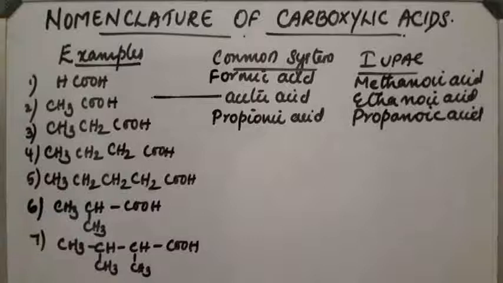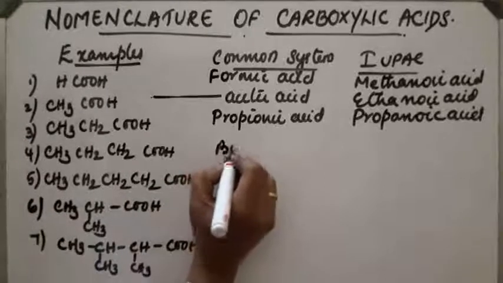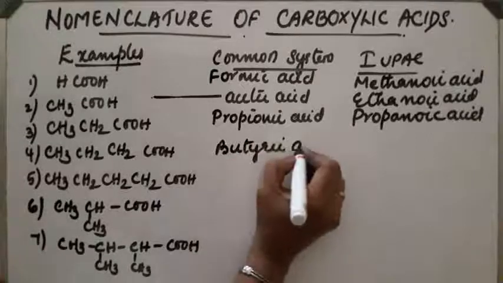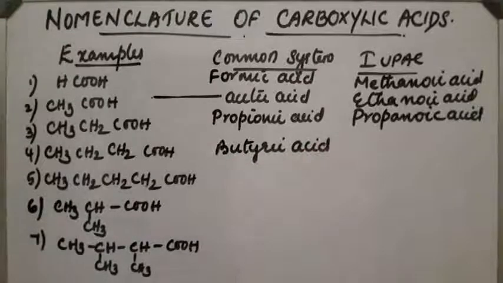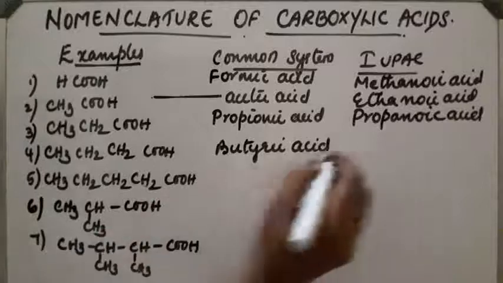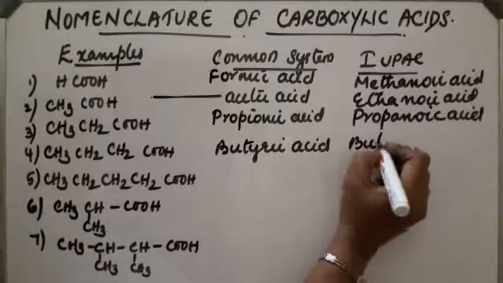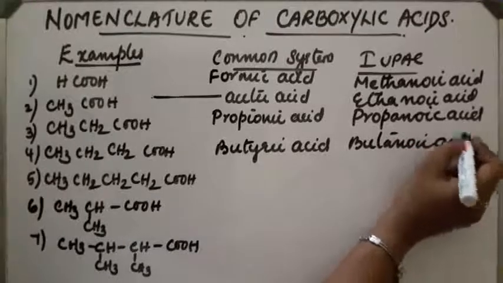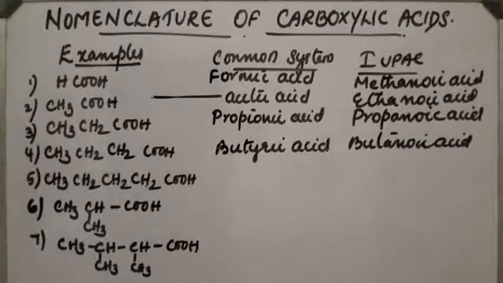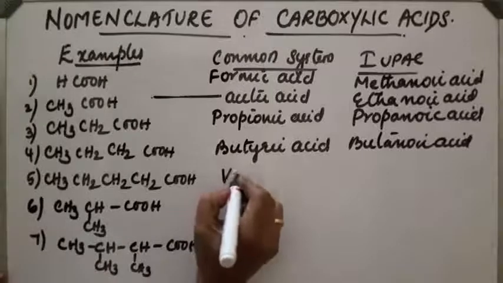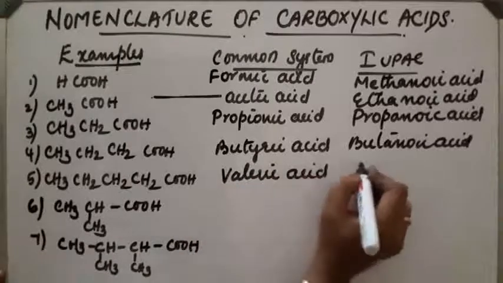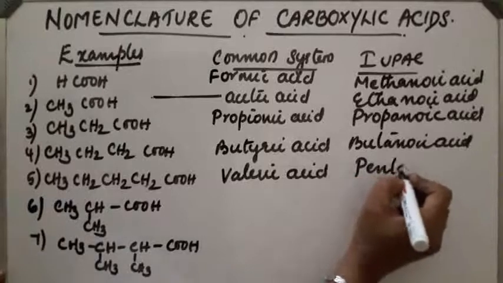Next, butyric acid, and in the IUPAC system, it is called butanoic acid. Next compound, valeric acid. This is pentanoic acid.